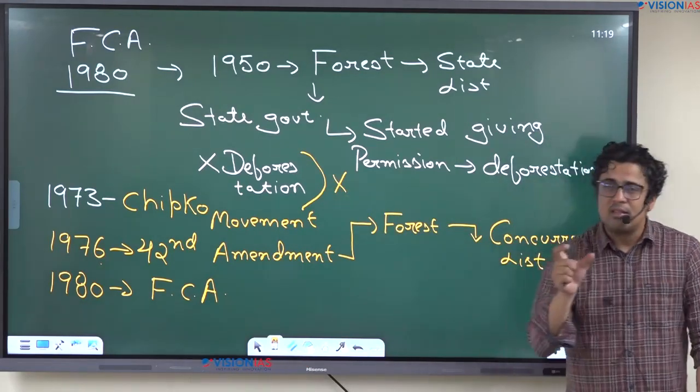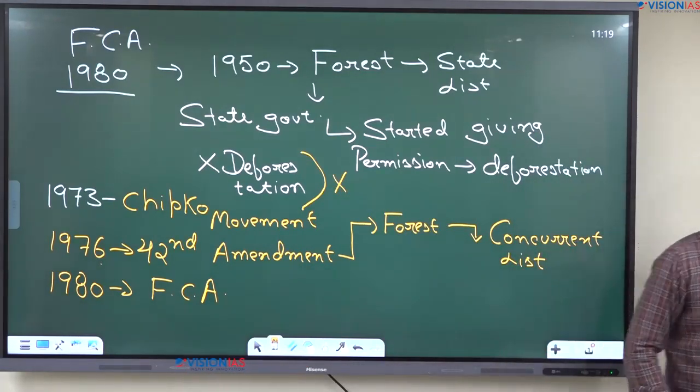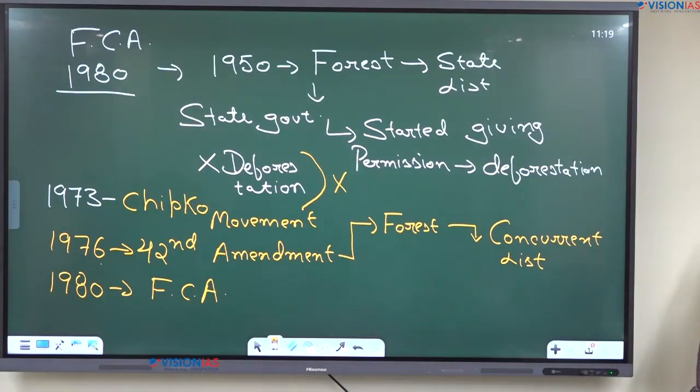Forest Conservation Act. What does this act say? This act says if state government has to do deforestation, they have to take permission from central government. They cannot do it on their own.